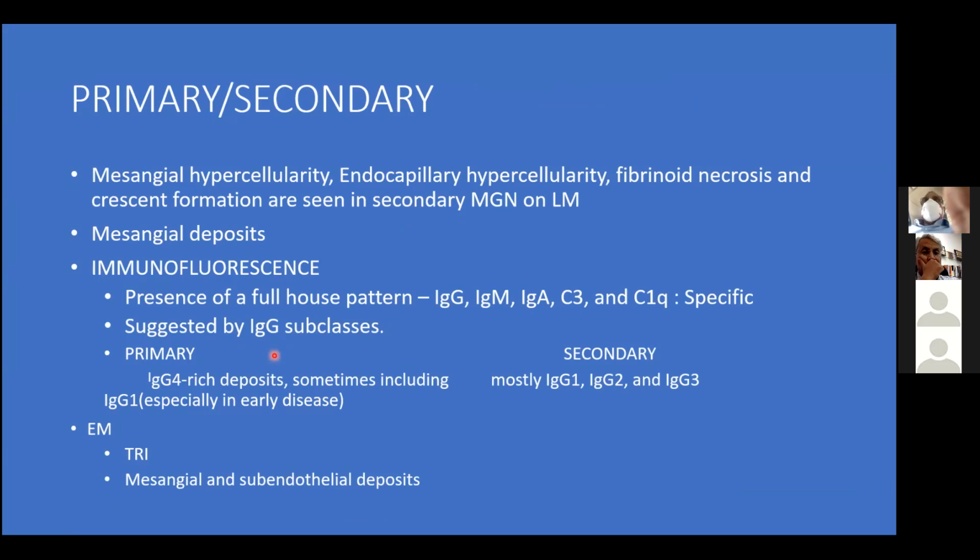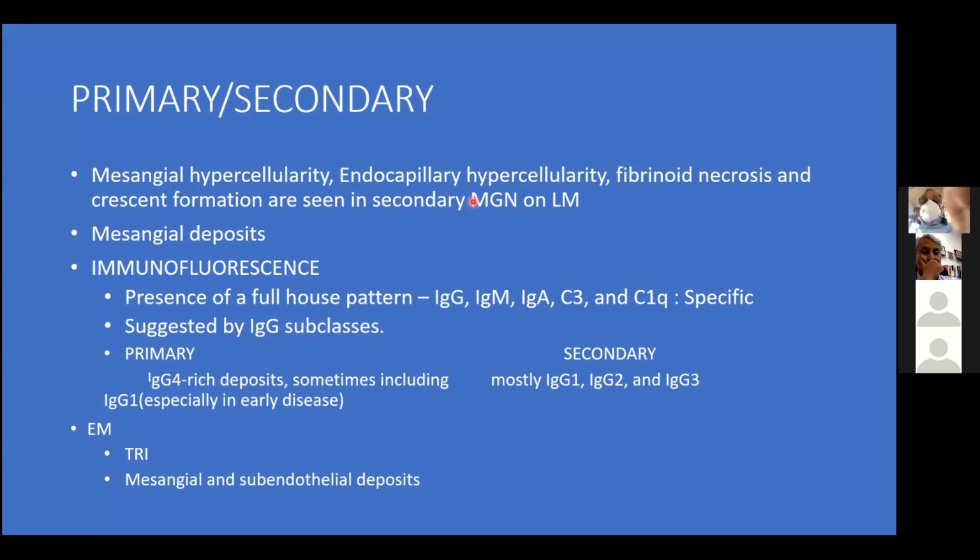If it is accompanied by mesangial hypercellularity, endocapillary hypercellularity, or fibrinoid necrosis and crescent formation, we should think of secondary rather than primary membranous nephropathy. Proliferative lesions are usually absent in primary membranous nephropathy, but if you encounter proliferative lesions in the mesangium, endothelial cells, or extracapillary cells, it gives the clue that we are dealing with secondary membranous nephropathy on light microscopy.